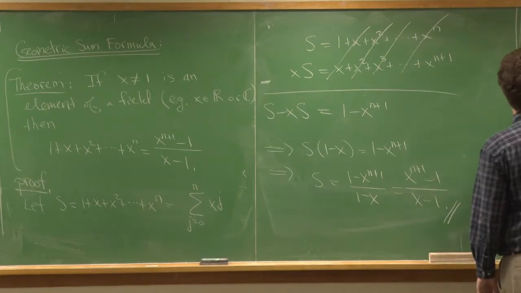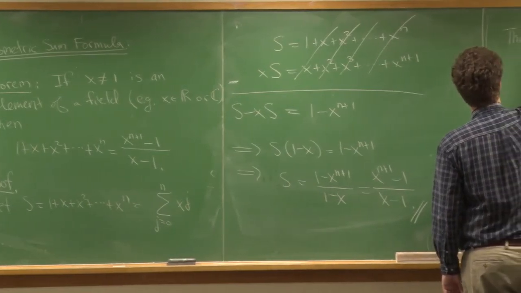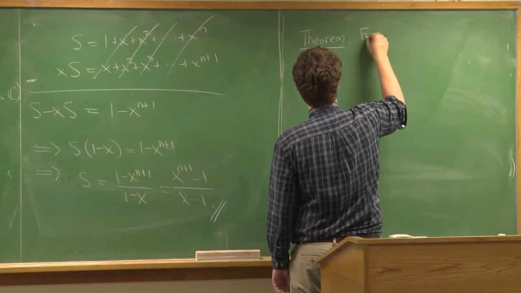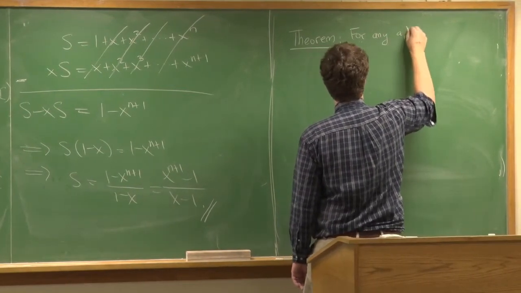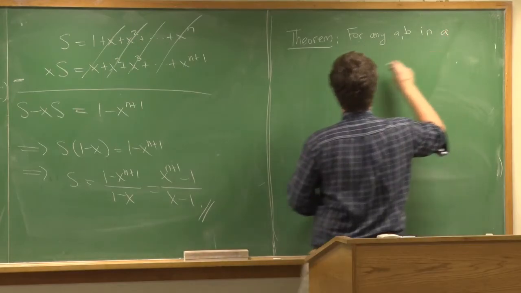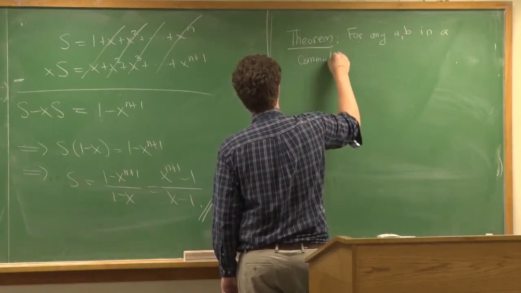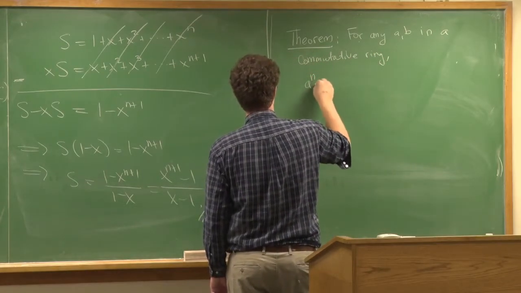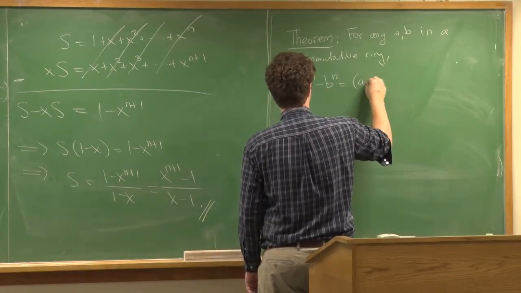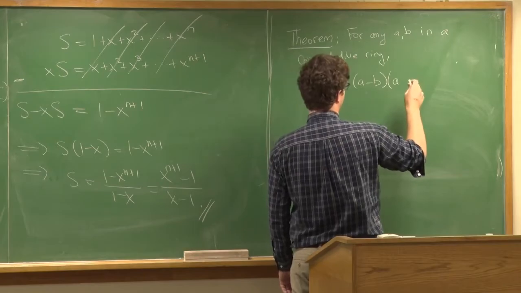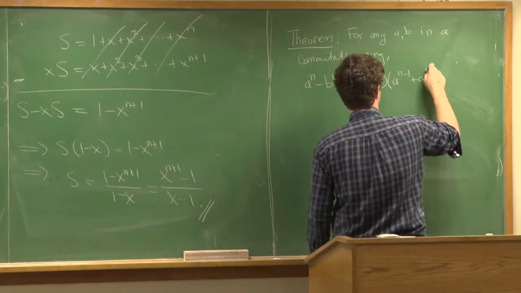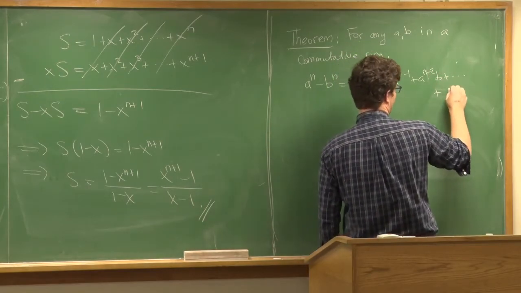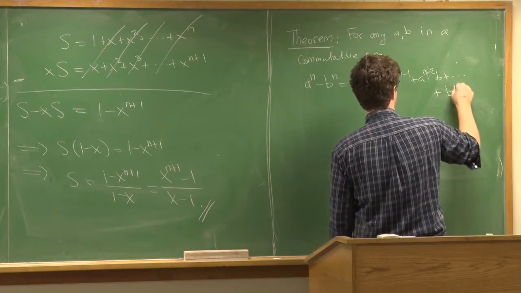So there's another theorem, and the theorem says that for any a, b in a commutative ring, so this is completely general, a to the n minus b to the n equals a minus b times a to the n minus 1 plus a to the n minus 2 b plus all the way up to b to the n minus 1, like so.